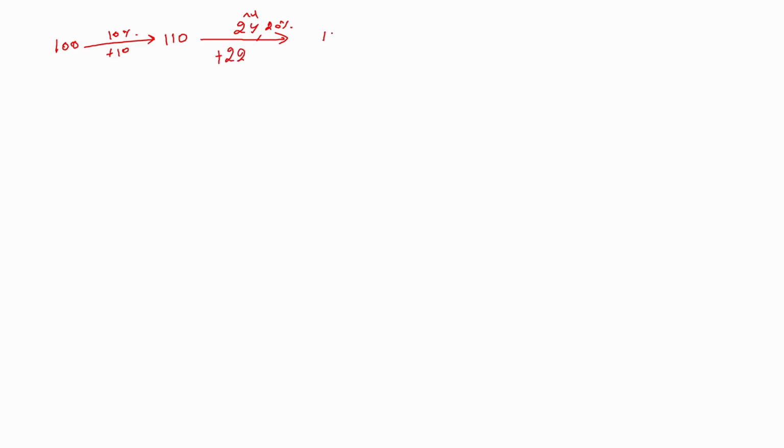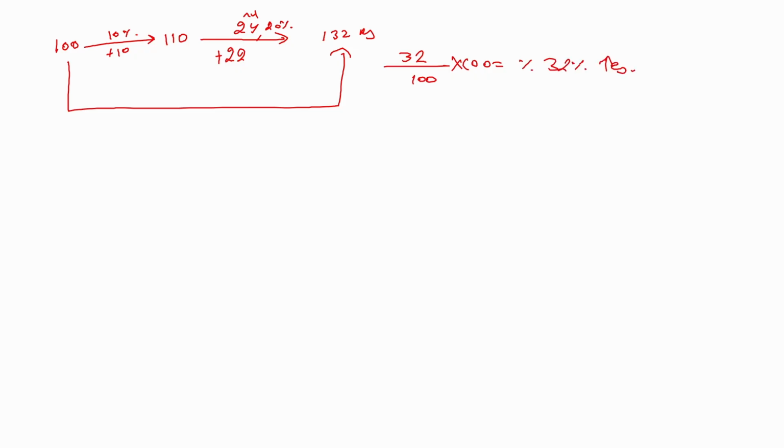So that would amount to 132 rupees. So what is the percentage change? It is 32 rupees upon 100 into 100. So the percentage change is a 32% increase. So my initial value is increased by 32%. This is what successive percentage means.